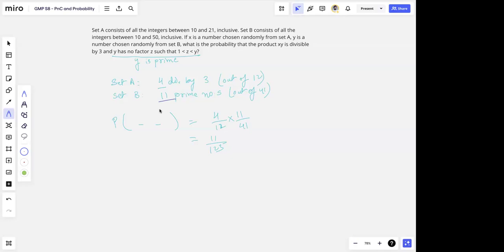So there is only one scenario. Last time I made multiple scenarios where X is divisible by 3 and Y is not, and Y is divisible by 3 and X is not. So there is only one where X is divisible by 3 and Y is not. And in X, there are 4 numbers out of 12, and Y just has a set of 11 numbers because those are only prime numbers.